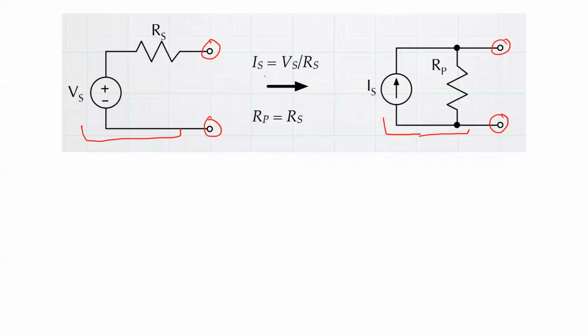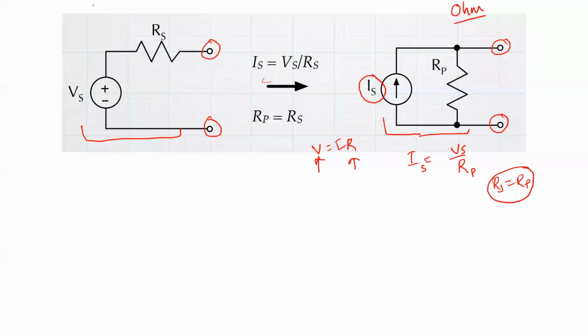All right. So the value of Is can be calculated using Ohm's law. What is Ohm's law? V is equal to I into R. V is known, R is known, so I can be calculated as V divided by R. Here S is used for series, and P for parallel.